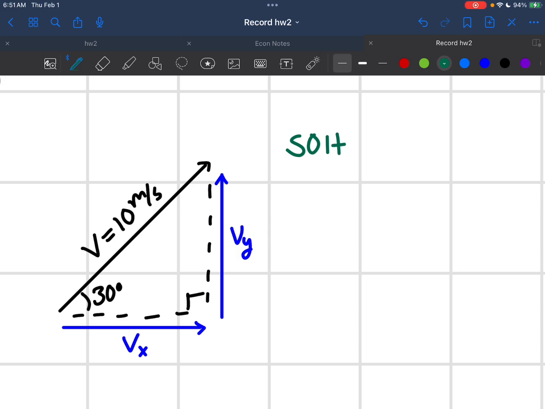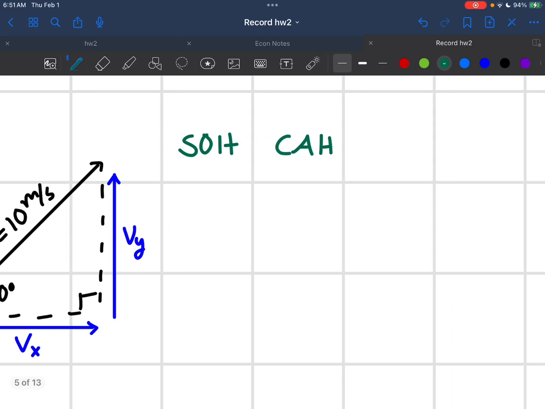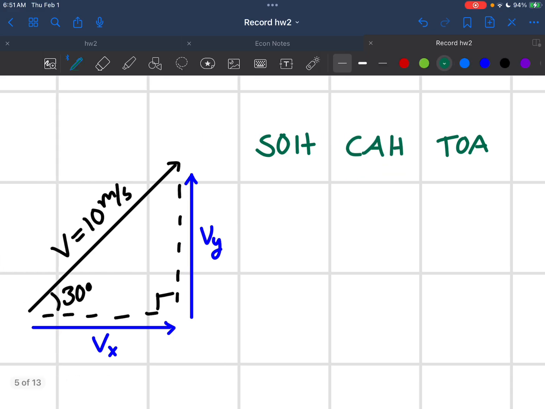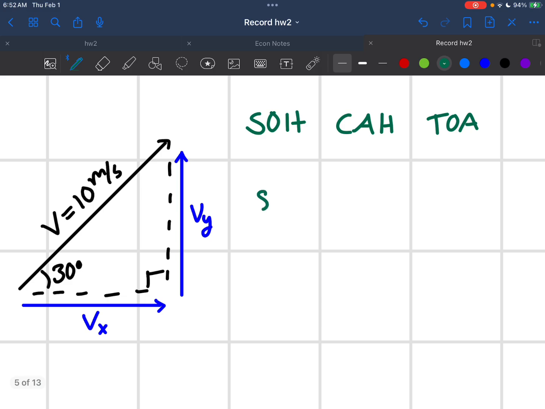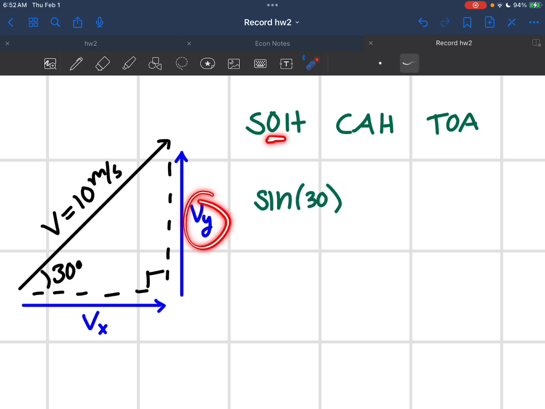So I write out my SOHCAHTOA. Okay. And I want to set up just any trig function. So I'm going to start with sine. I'm going to say sine of 30 is opposite, which is Vy, over hypotenuse, which is V.